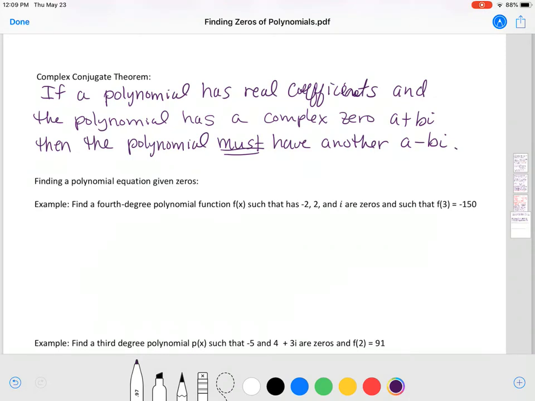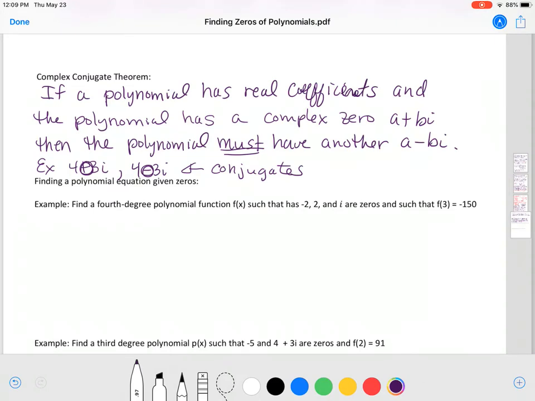So if I have, say, 4 plus 3i as a zero, then 4 minus 3i has to also be a zero. Okay, and these are called conjugates. You just switch the sign of the number that's in front of the imaginary part, and that makes it a conjugate.